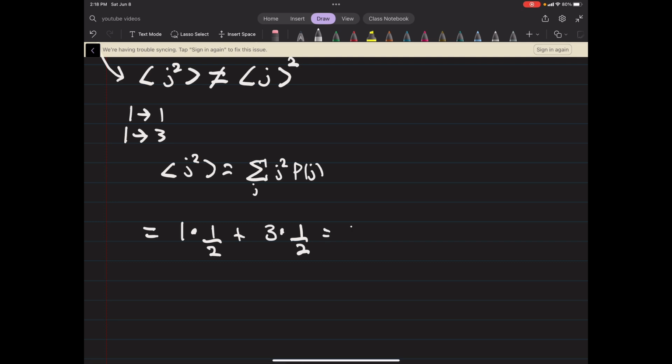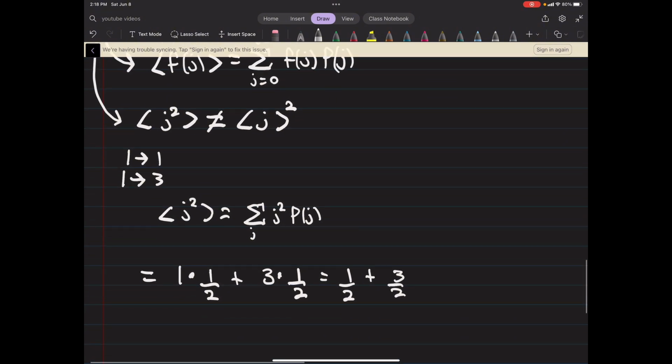So this is 1/2 plus 3 halves. I did not square the 3, so that should be a 9. That's okay, no big deal. 1/2 plus 9 halves is 10 halves, so that's obviously 5.